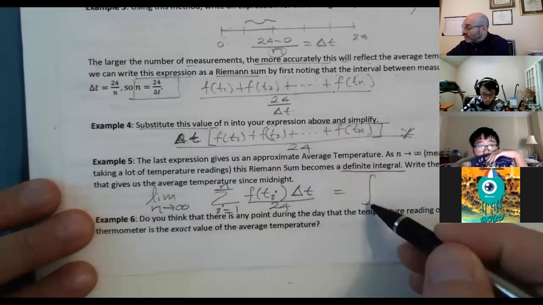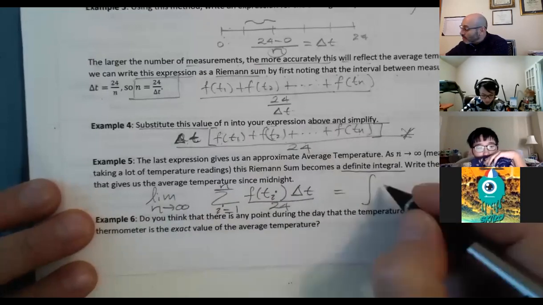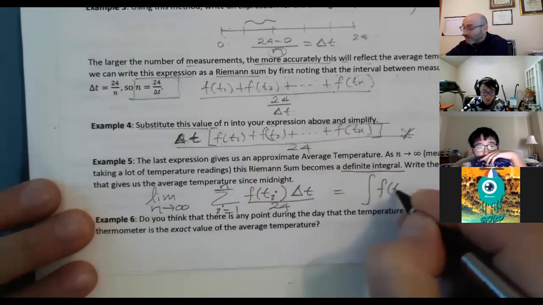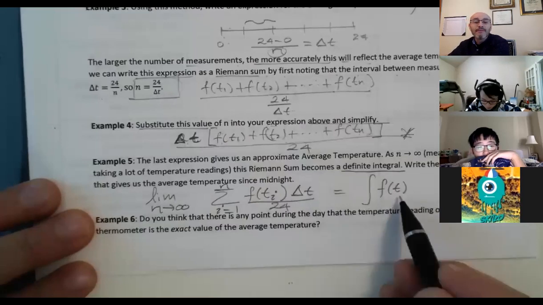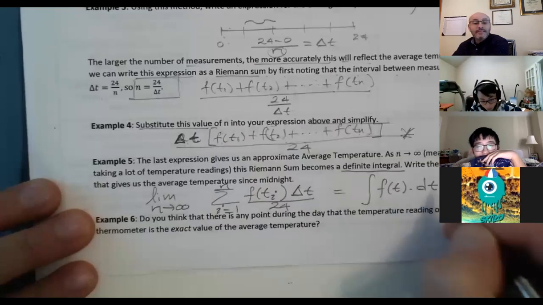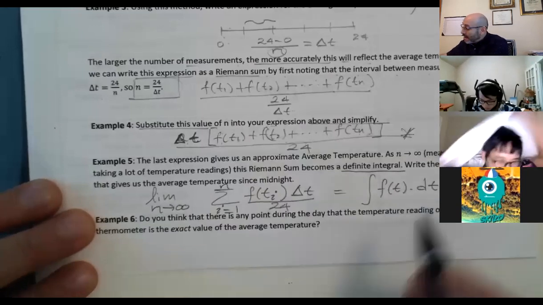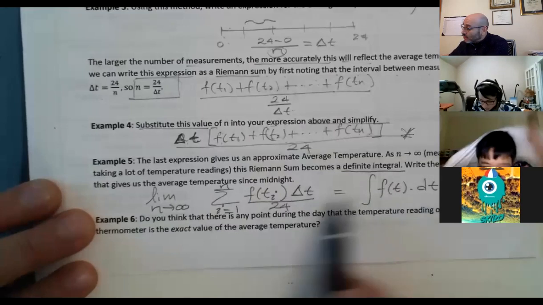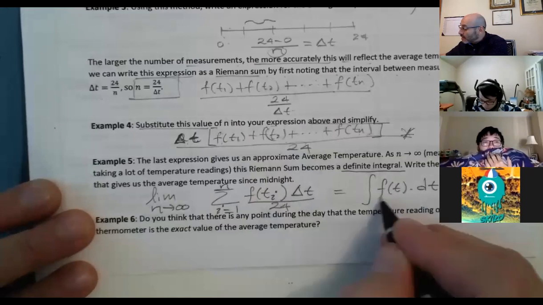So that definite integral is going to become the function f of t, because since n goes to infinity, basically we're taking measurements at every moment of time, times dt, which stands in this case for the change of time, okay? What else is here that we don't have? The 24, and it's dividing, right? So I'm gonna actually write that there.